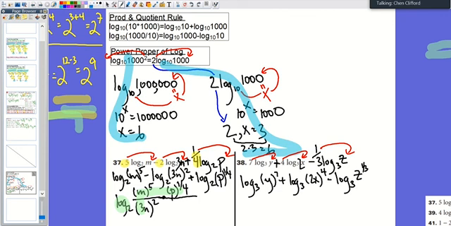Again, we're moving these yellow highlights over. Now, anywhere you see plus, you think times.